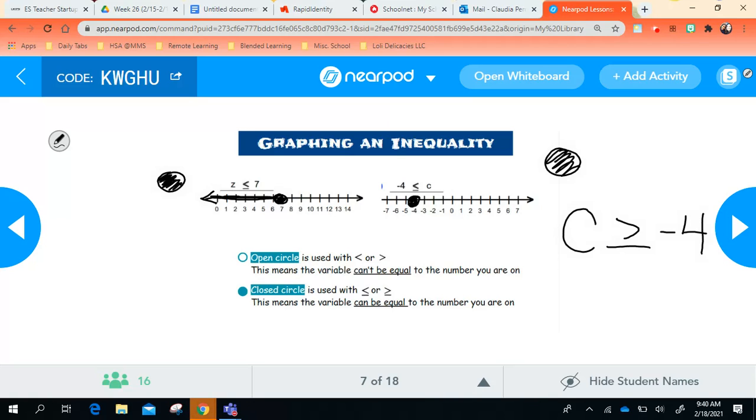So do you still think I'm shading to the left? To the right. Because if -4 is less than or equal to C, that means C is going to be bigger. So we'd be graphing to the right. So we have to get used to this as another way to read it. If you have trouble with this, you can rewrite it.